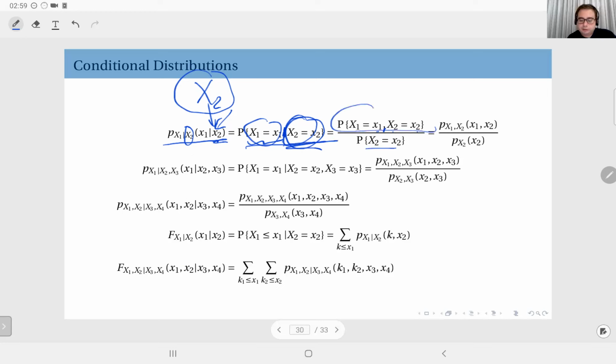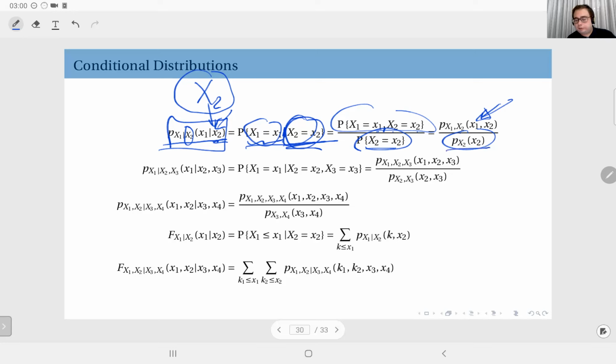But this one here, by definition, is a joint PMF of x1 and x2, evaluated at parameters x1 and x2, divided by the marginal PMF of x2. So the conditional PMF of x1 given x2 in general is equal to the joint PMF of x1 and x2 divided by the marginal PMF of x2.